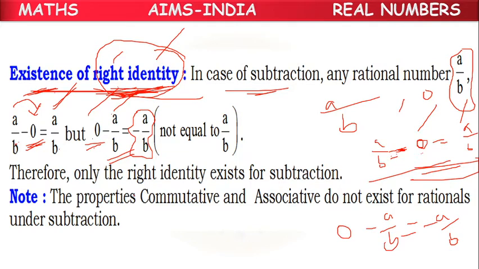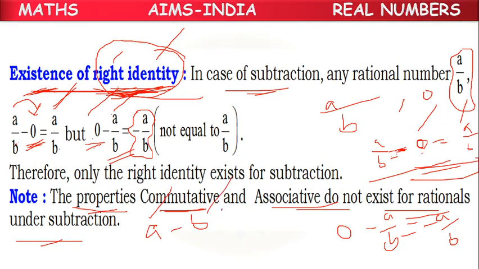Okay, children. Next, the commutative and associative properties do not exist for rational numbers under subtraction. What is commutative? Suppose we have two rational numbers, a and b.